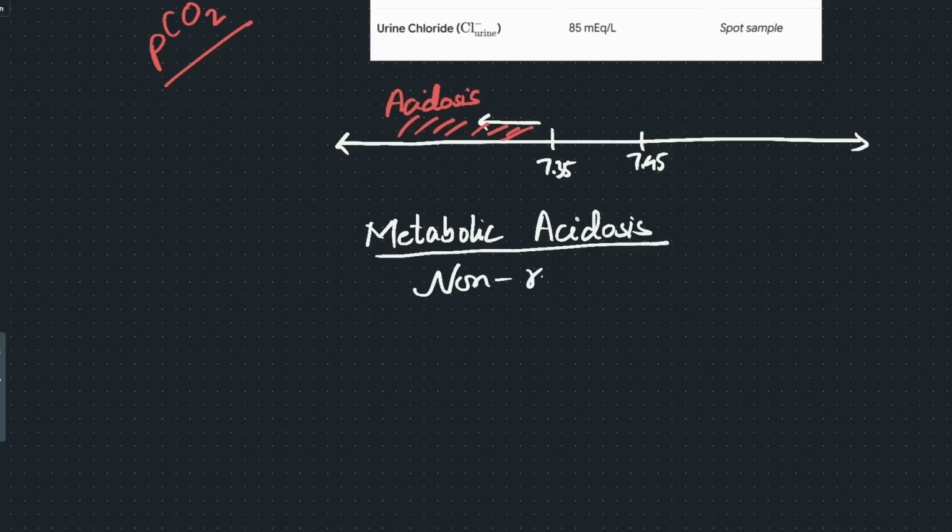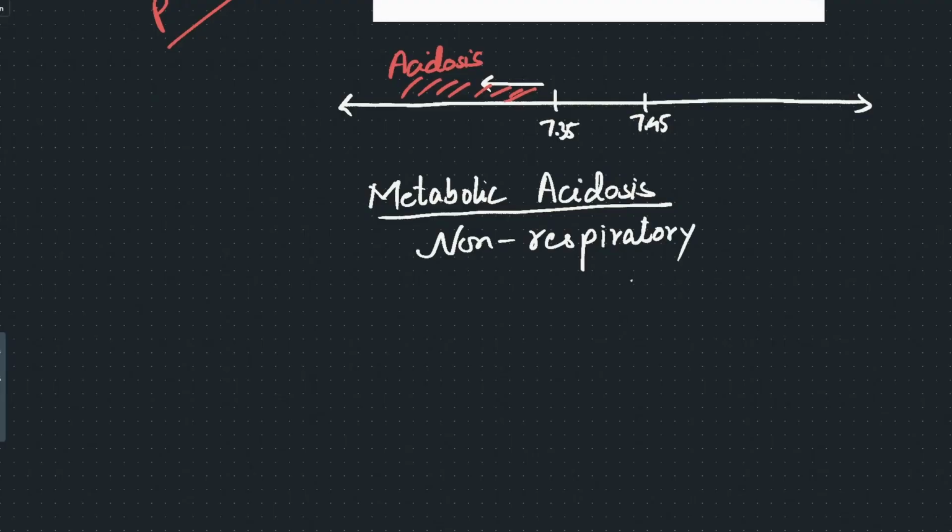It is any acidosis in which the primary cause is not a rise in PCO2. The primary cause is not coming from the respiratory system. It is coming from somewhere else. That is why I say it is non-respiratory acidosis.